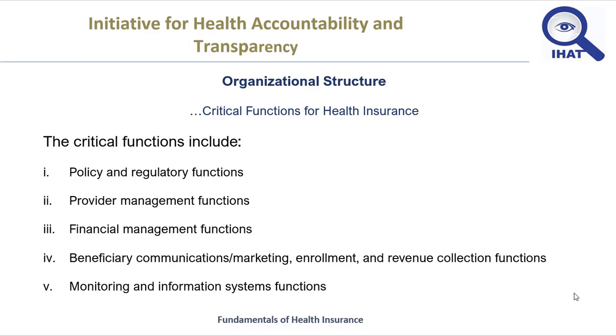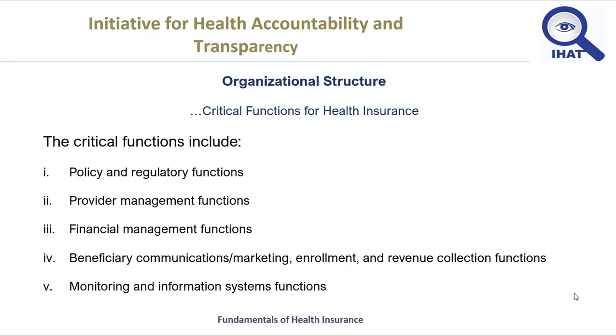The policy and regulatory functions include designing the scheme, and this includes the financing methods, eligibility criteria, and the benefit package. The function also identifies which body, ministry, department or agent, or community organization will manage the scheme.